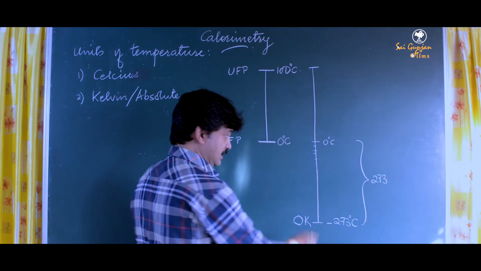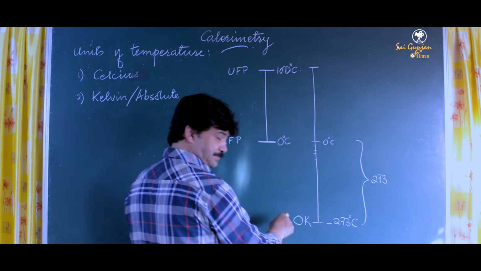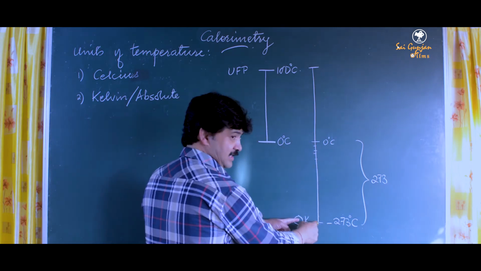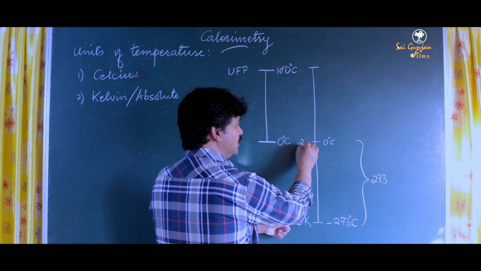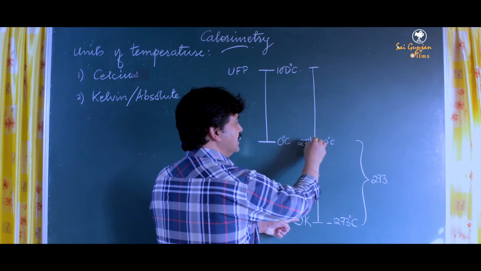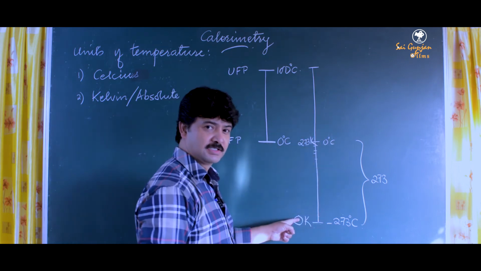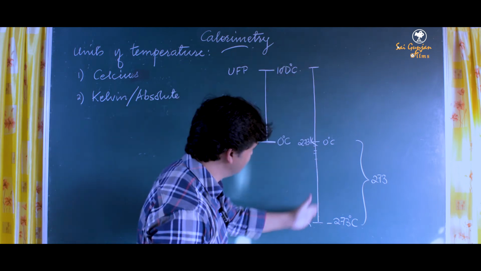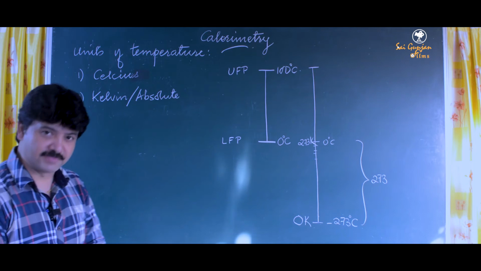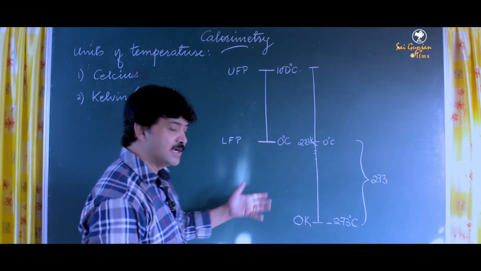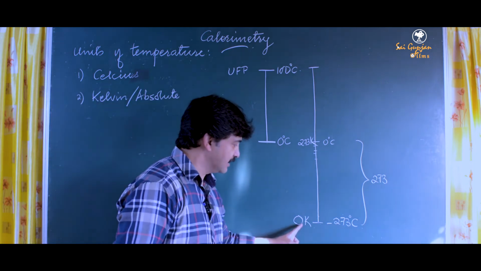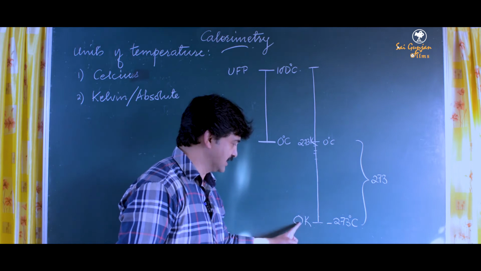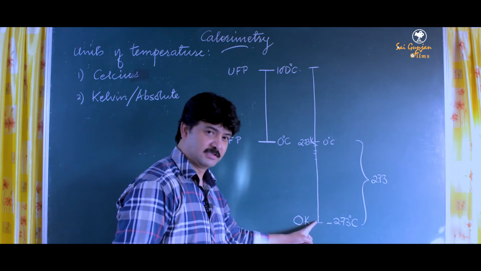That's why from here to here, if this is 0 Kelvin, this is 273 Kelvin. It goes on and on like this. So this scale of temperature is called Kelvin or absolute, and it always starts from 0 Kelvin.